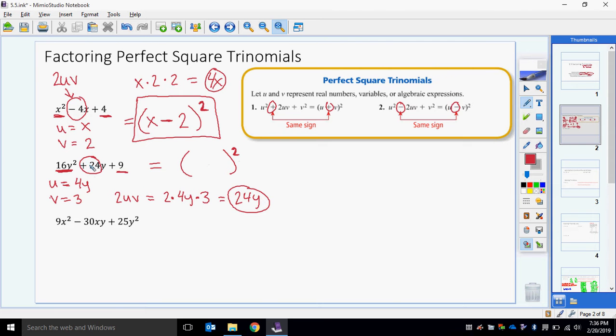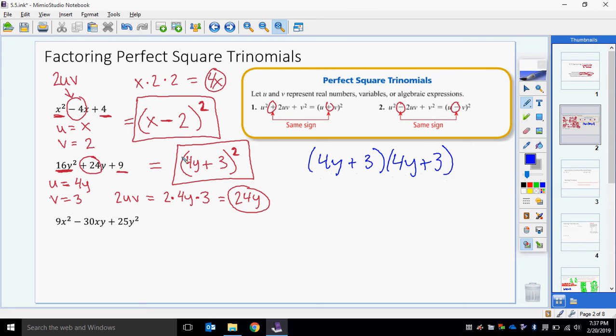I put a plus sign in my parentheses because it's a plus sign in my trinomial. And what goes into my parentheses is my u and my v. So my 4y goes in the front and my 3 goes in the back. Now how can I tell if this is correct? Well, you can always check your work. 4y plus 3 squared means 4y plus 3 times 4y plus 3.